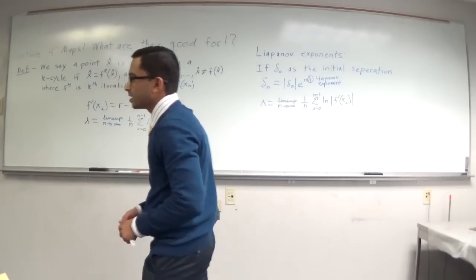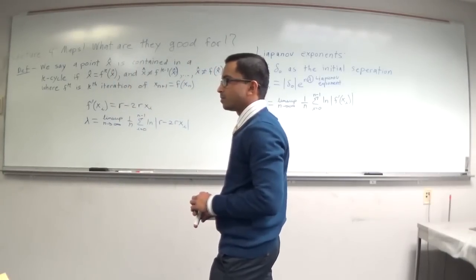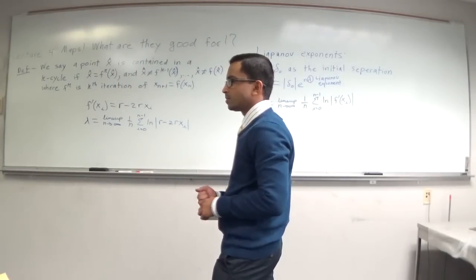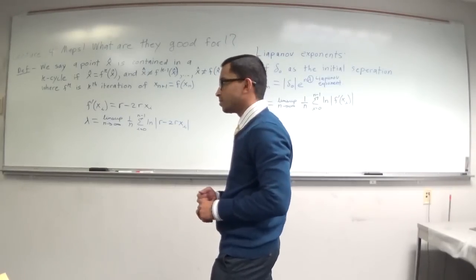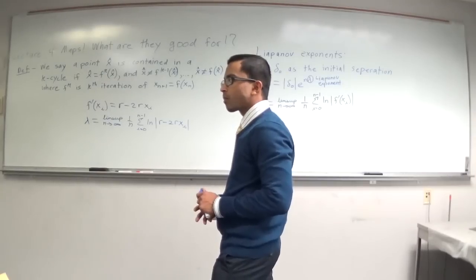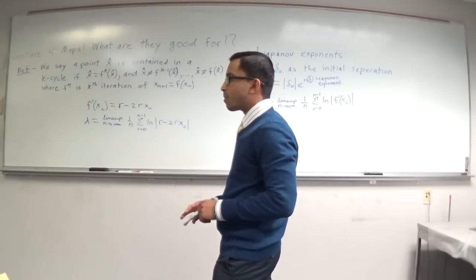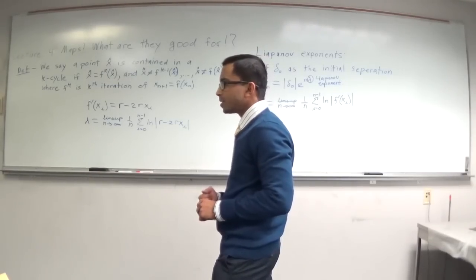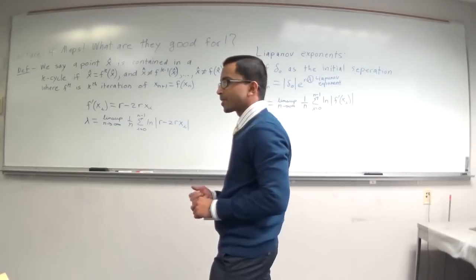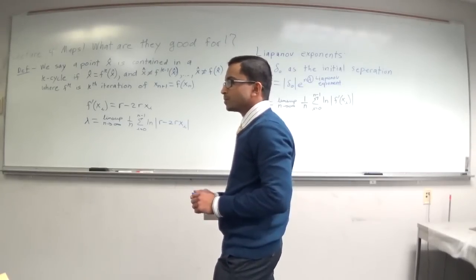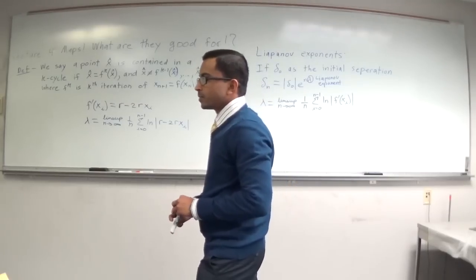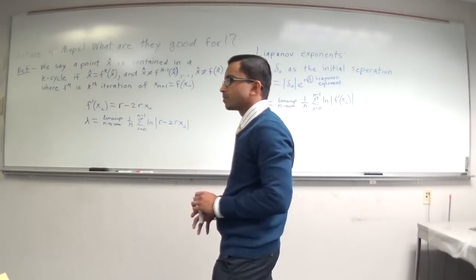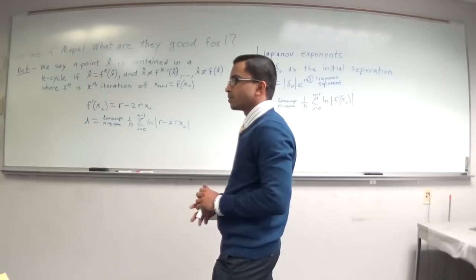This lambda is an indication of what's known as sensitive dependence on initial conditions. If this Lyapunov exponent is positive, then the separation is going to exponentially expand as you iterate, which makes it very hard to predict. This sensitive dependence is closely related to mathematical and intuitive notions of what chaos is.